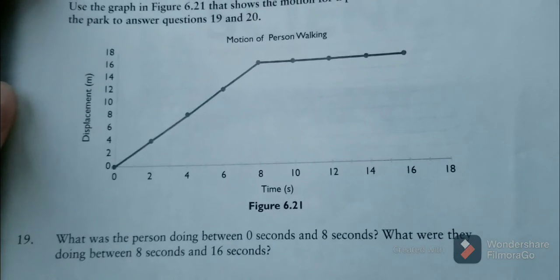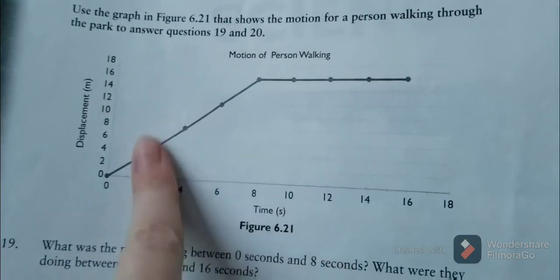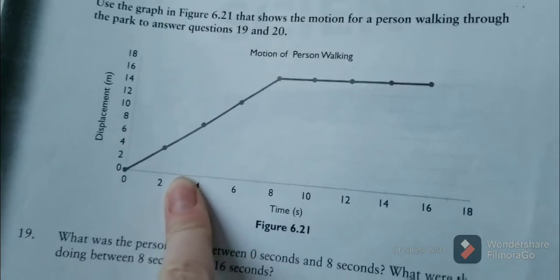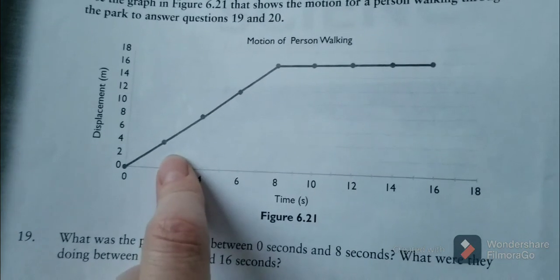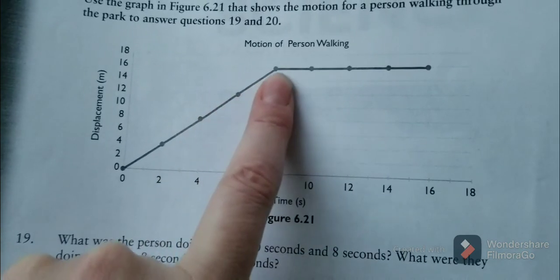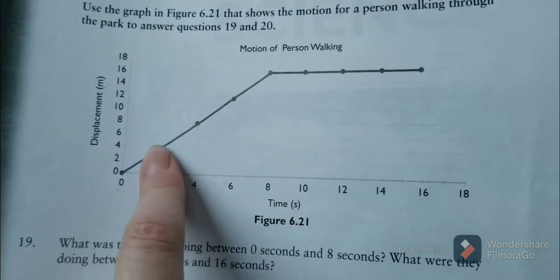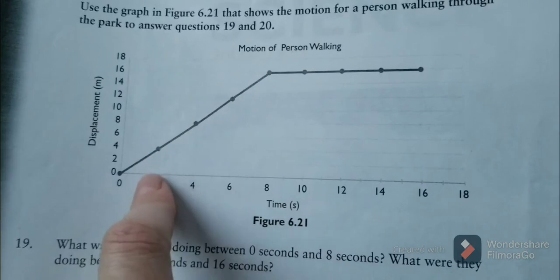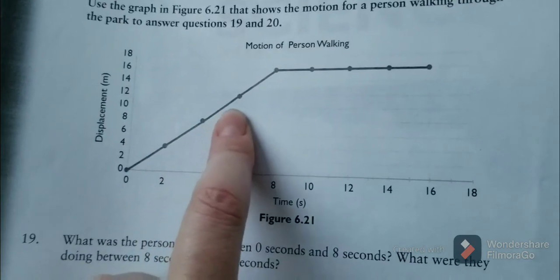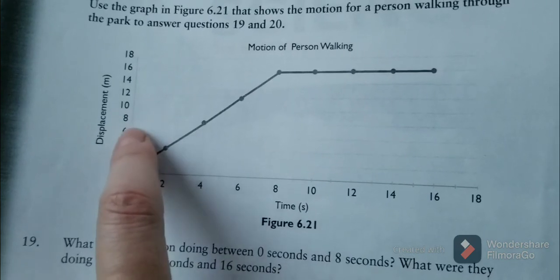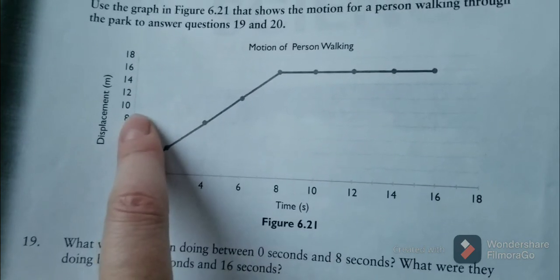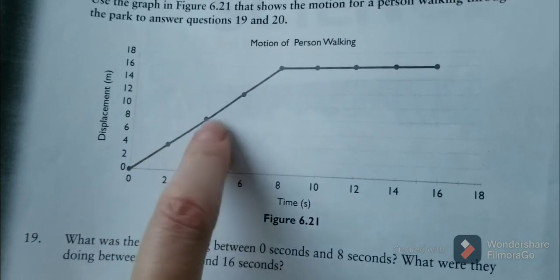This is a speed graph, not an acceleration graph. So speed graph wise, we have constant speed, because it's not changing. It's continually moving the same amount of feet over the same amount of time, equal amounts of time.